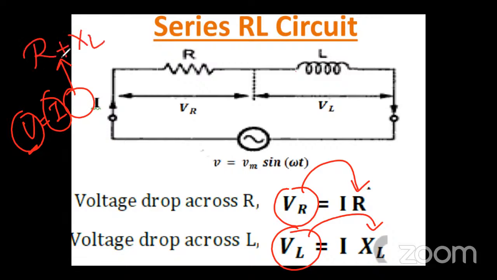R, XL, ये दोनों का एडिशन. जस्ट टेल मी क्वेश्चन मार्क की जगह पे क्या आने वाला है? जस्ट टेल मी, सिंपल है. टोटल रेजिस्टेंस क्या है? कैपिटल R, कैपिटल XL की दोनों का एडिशन. ठीक, कुछ डिफरेंट ही है. लेट्स सी. सो क्या आएगा क्वेश्चन मार्क की जगह पे? है ना, टोटल रेजिस्टेंस.